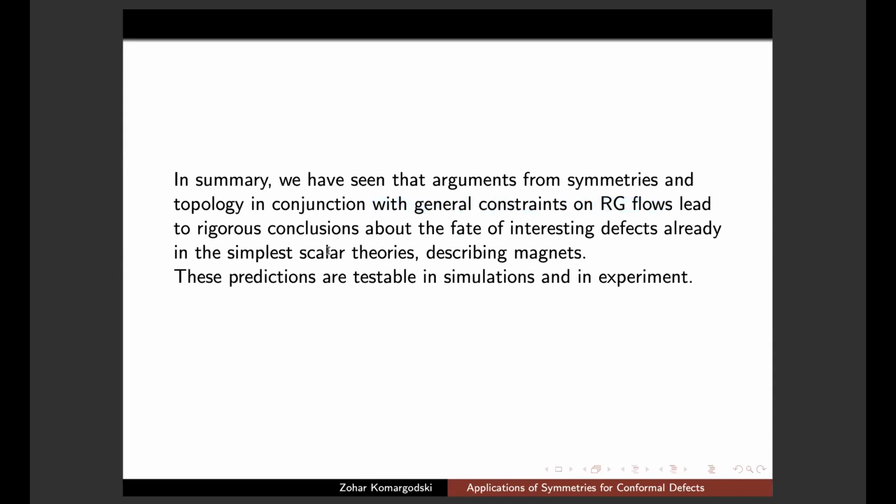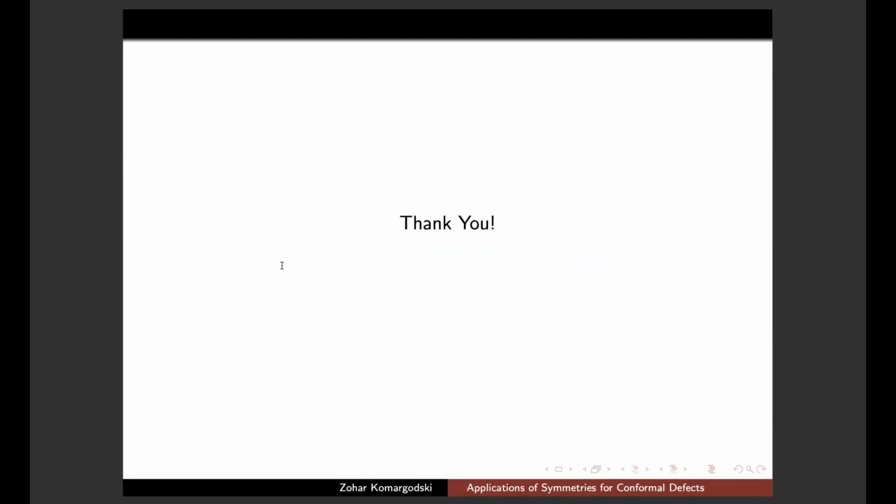So I just wanted to show you some applications of topology for defects in magnets. These predictions are testable. People have started testing them. Some tests existed before, and they pretty much seem to be consistent with what theory predicts. So that's more or less what I wanted to say. Thank you so much.